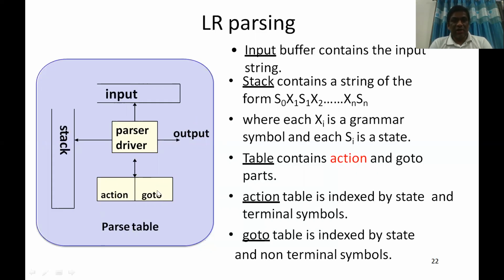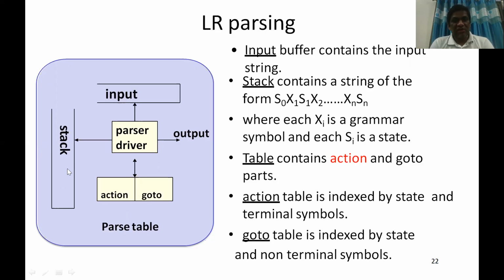Here, the LR parse table is divided into two parts: one is the action table, and the other one is the goto table. So the LR parse table is a combination of two subtables, the action part and the goto part.